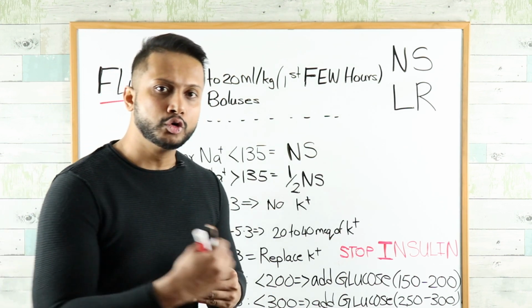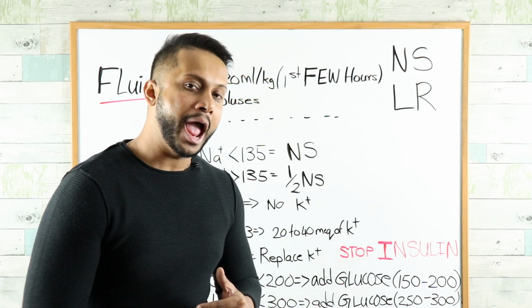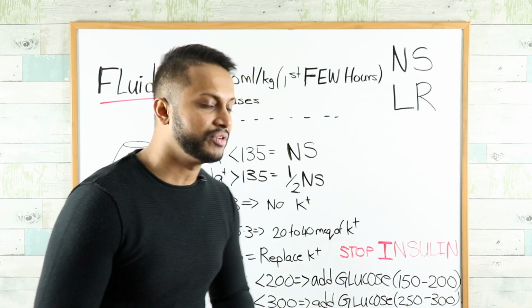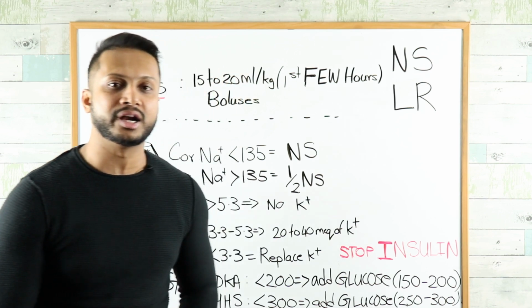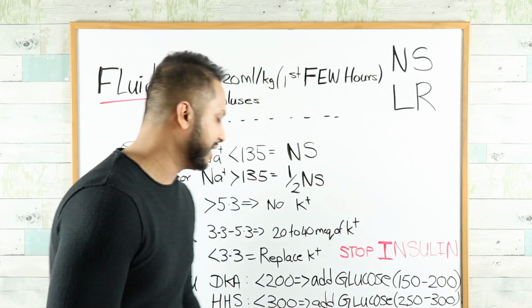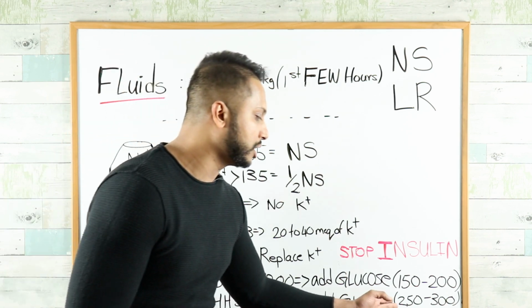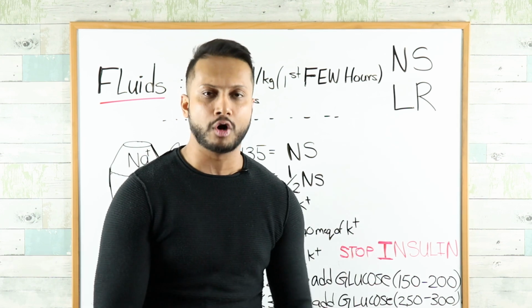And your target glucose level until your anion gap closes in DKA and your serum osmolality normalizes in HHS: in a patient with DKA, you want to maintain your glucose between 150 and 200, whereas in a patient with HHS, you want to maintain your blood glucose between 250 and 300 until your serum osmolality normalizes.